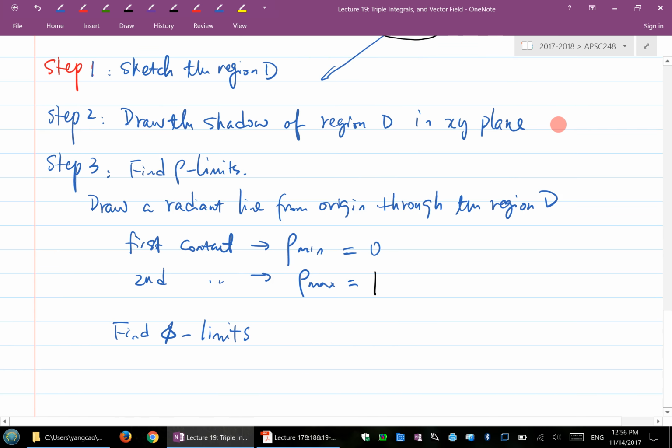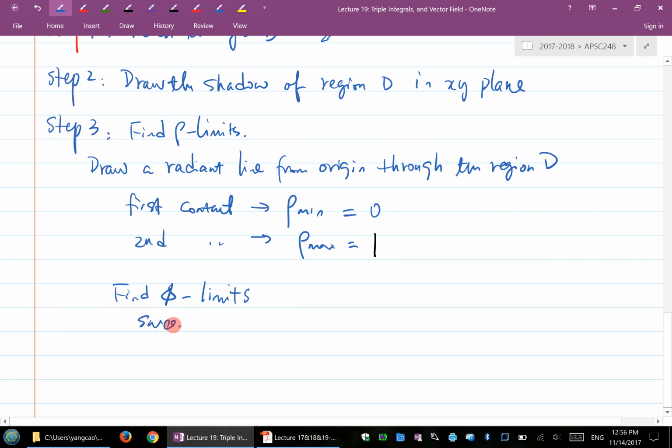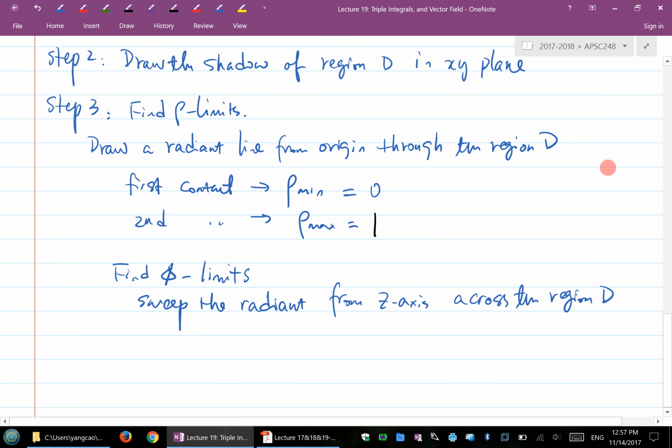So basically what you do is you sweep the reading line from the z-axis across the region D to find the two edges. In this case, the first edge corresponds to phi equals 0, but not necessarily.